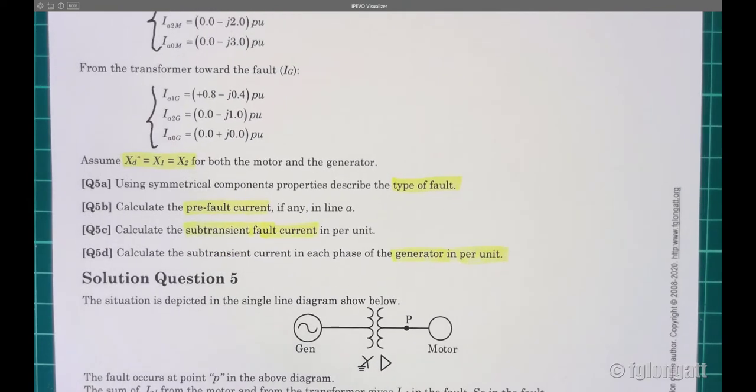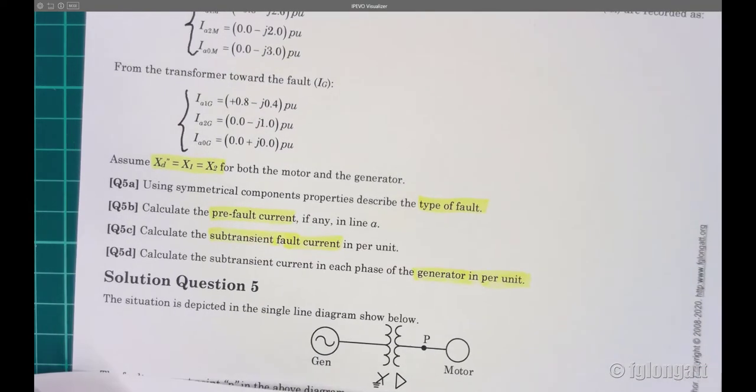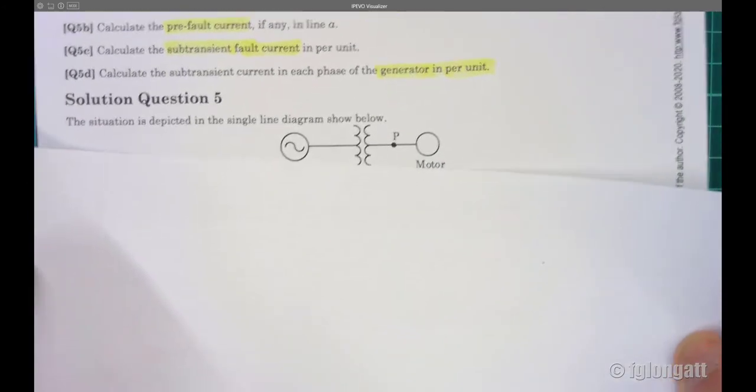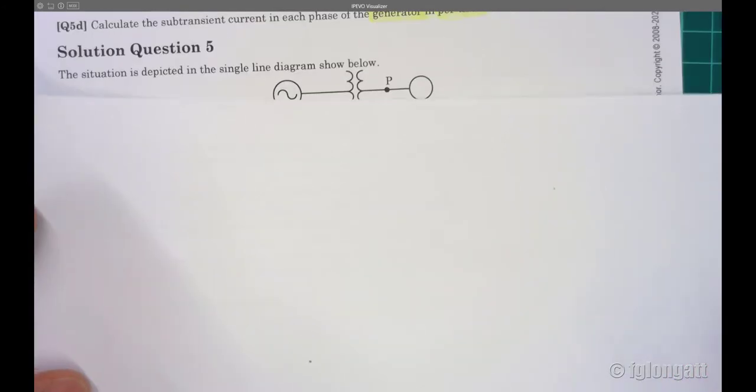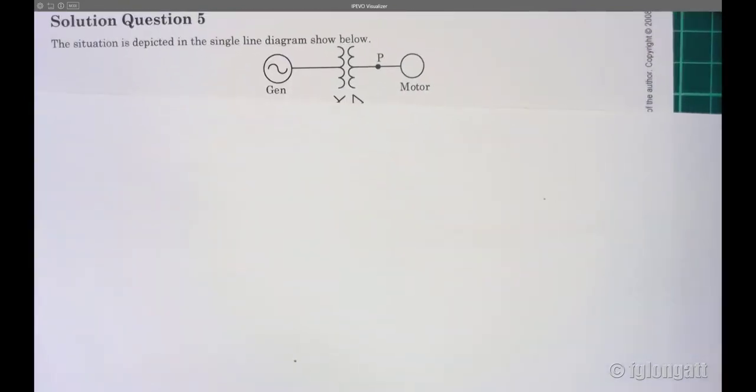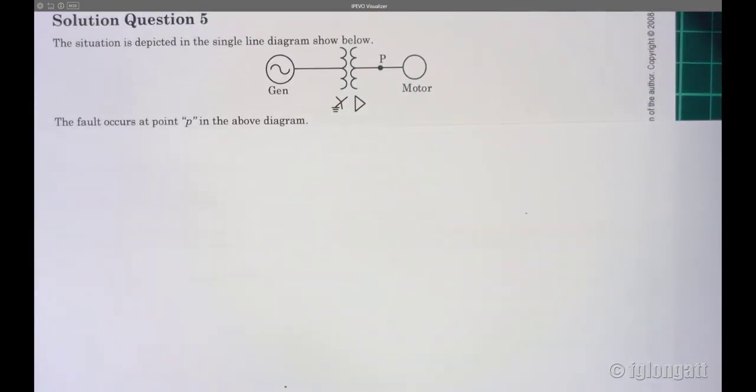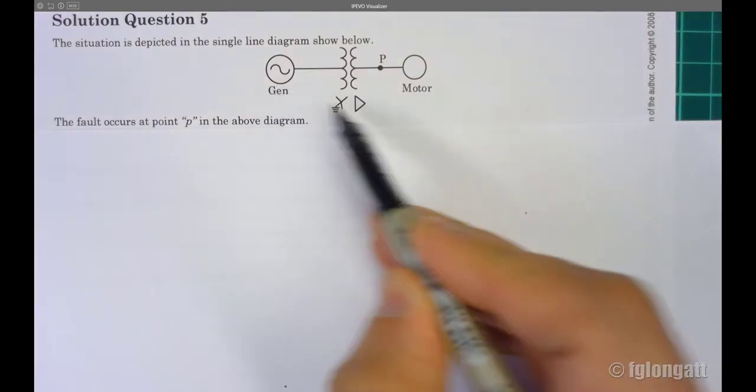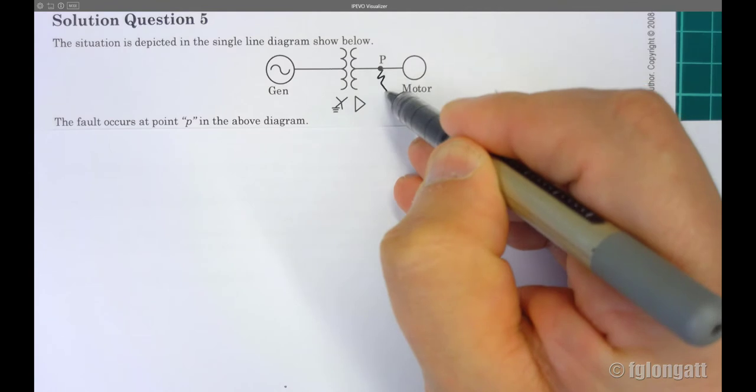Let me put this a bit up. The first thing that you must understand is the representation: we have the generator, we have the motor, and there is a fault here.